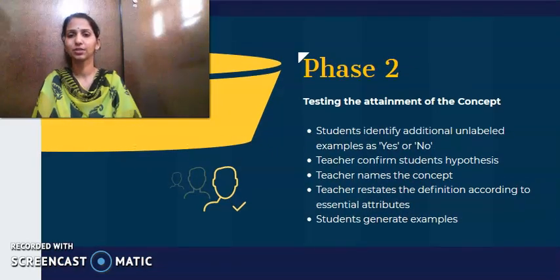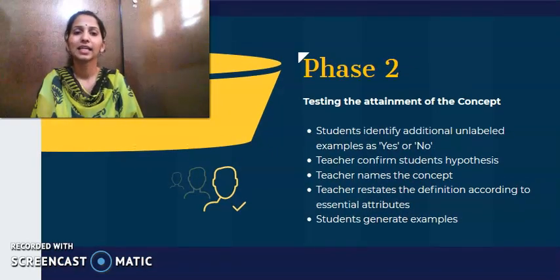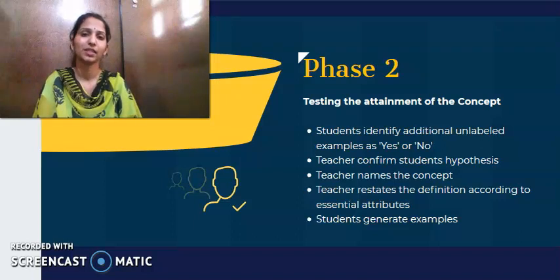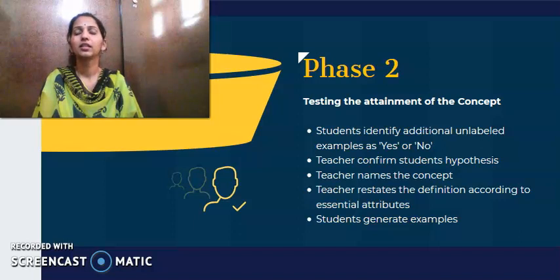Next is phase 2, which is also called testing the attainment of the concept, wherein the teacher will get to know by the end of this phase whether the students have attained the concept correctly or not. Here the teacher presents unlabeled examples.